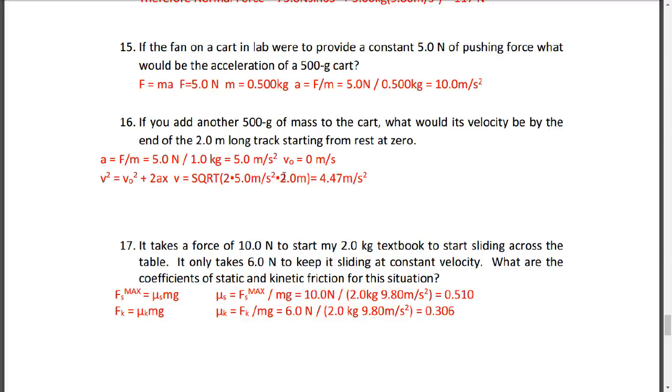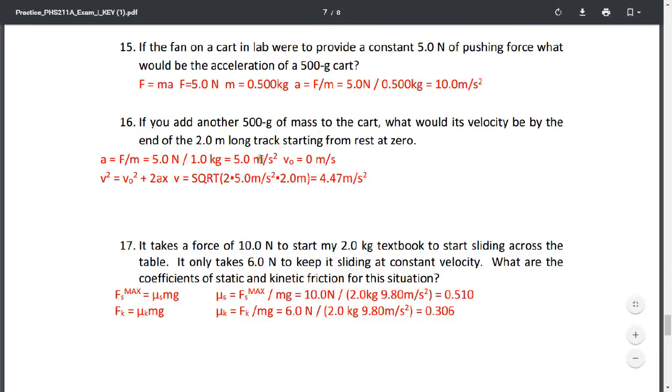If I take that same situation and I add another 500 grams of mass to the cart, then what would its velocity be by the end of a 2-meter long track starting from rest at position 0? And so the acceleration this time is going to be 5 newtons divided by 1,000 grams, or 1 kilogram, so 5 meters per second squared.